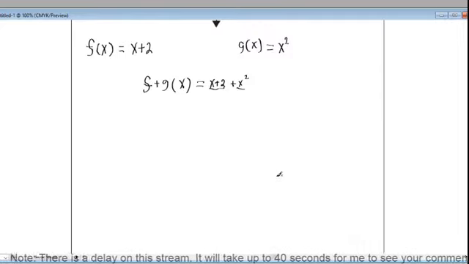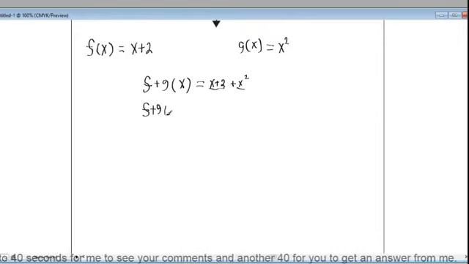So now if we want to find something like f plus g of 3, so if we want to plug in 3 into this function, all we would have to do is take that input, 3, and plug it in anywhere that we have an x.